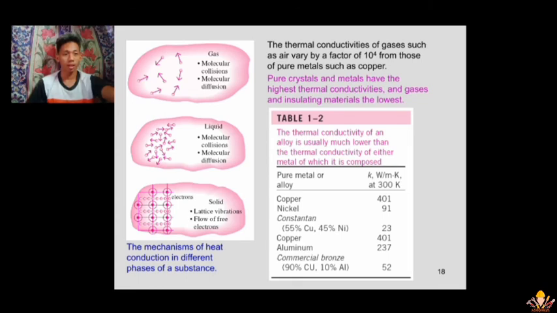The thermal conductivities of gases, such as air, vary by a factor of 10 raised to 4 from those of pure metals such as copper. In Table 1-2, this is shown: the thermal conductivity of an alloy is usually much lower than the thermal conductivity of either metal of which it is composed.